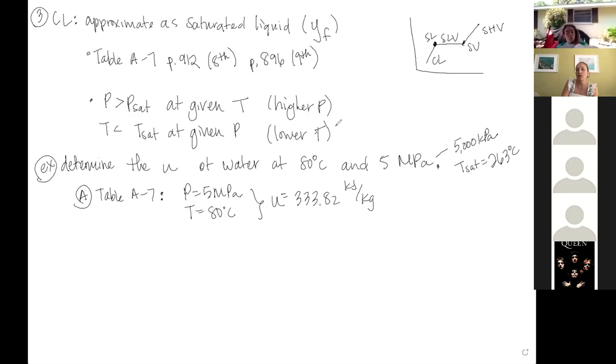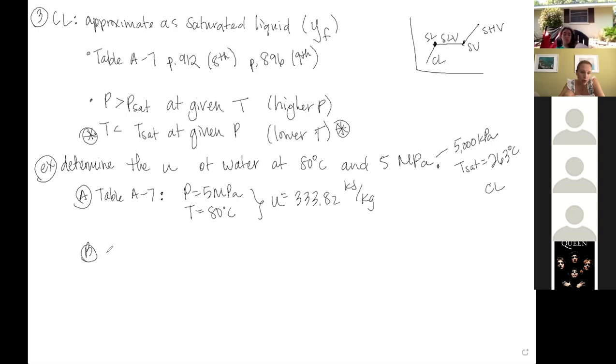So we are at a much lower temperature than a saturated liquid vapor, which is why we know it would be a compressed liquid. So using our compressed liquid table, we get 333 kilojoules per kilogram.